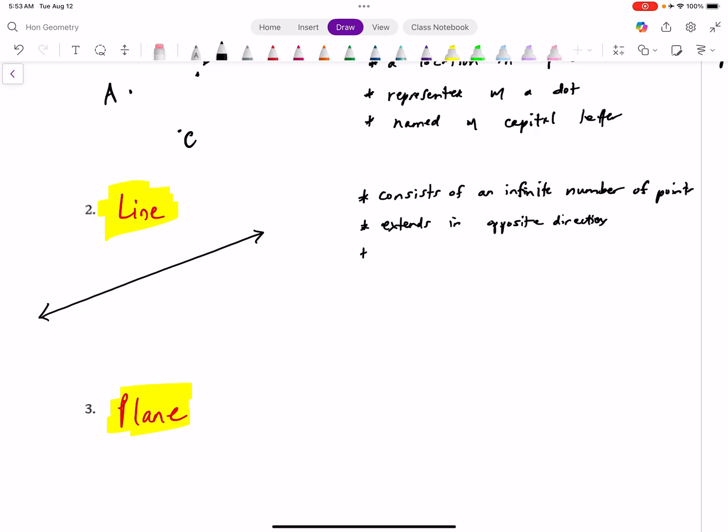I said forever a second ago, but I didn't write it. That's really not a good mathematical way of saying that, but this one does have a dimension. A line is considered to be one-dimensional.